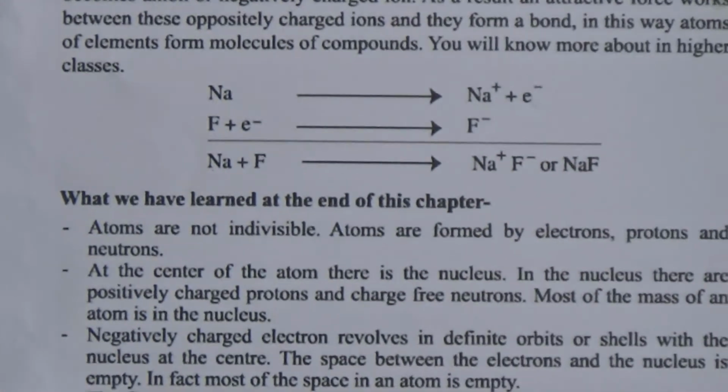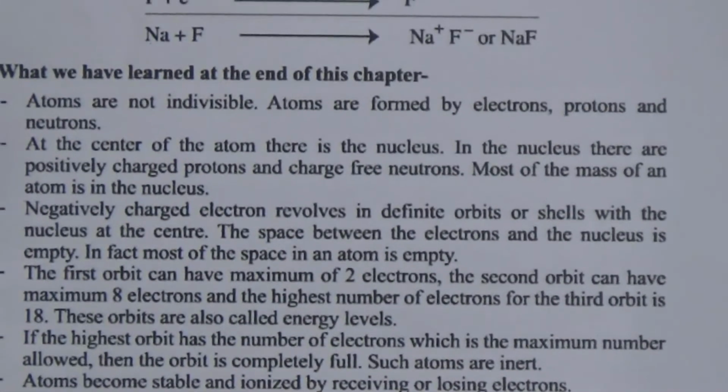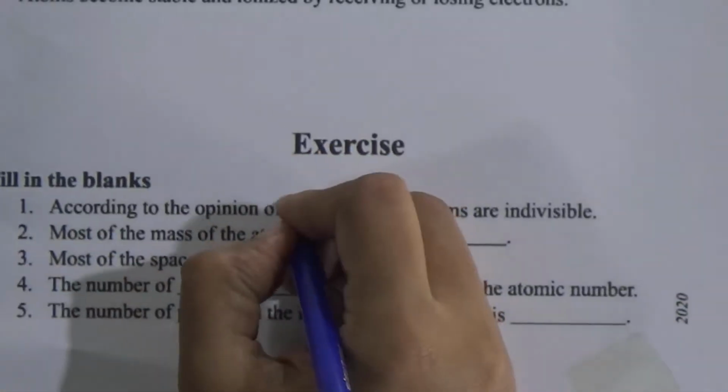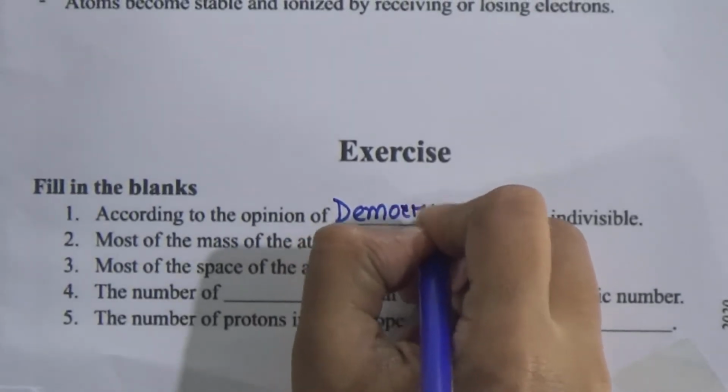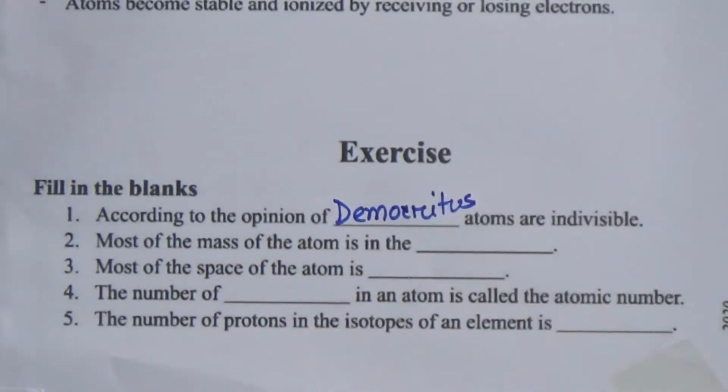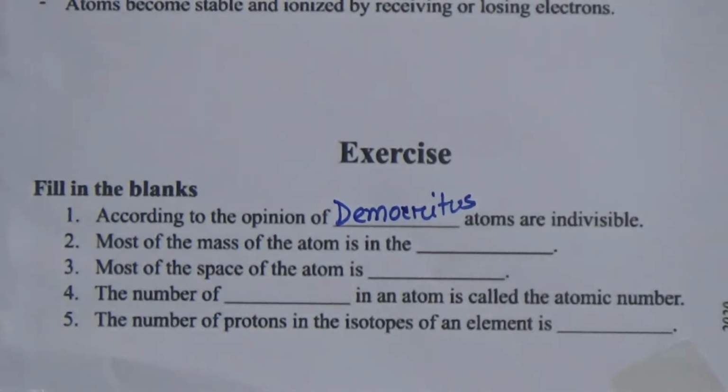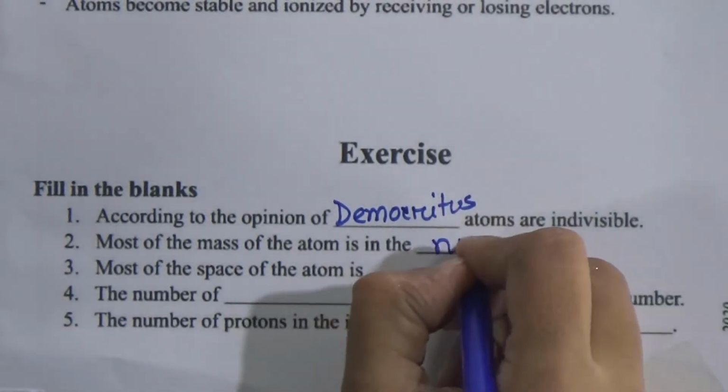Now come to the exercise, fill in the blanks. According to the opinion of dash, atoms are invisible. That answer will be Democritus. Most of the mass of the atom is in the nucleus.